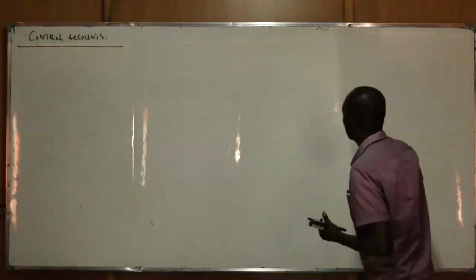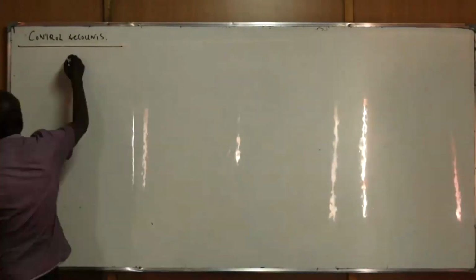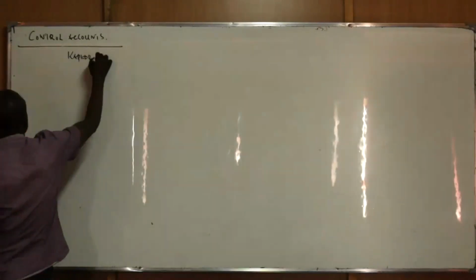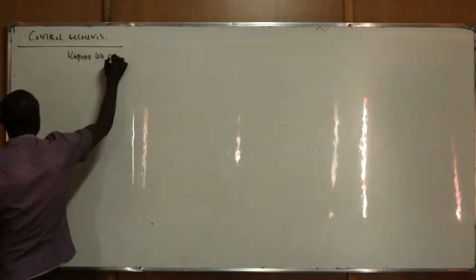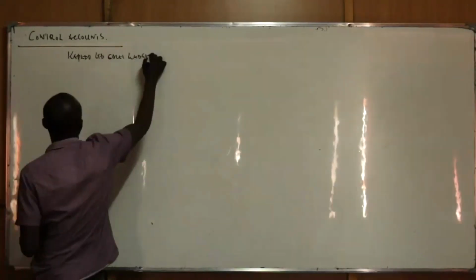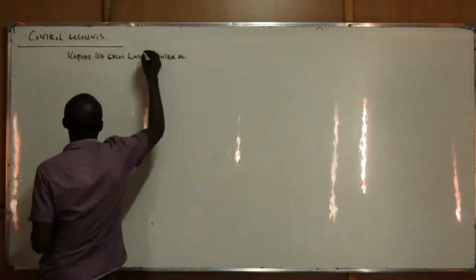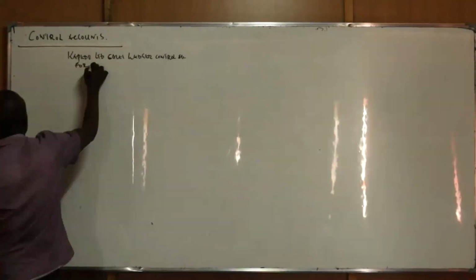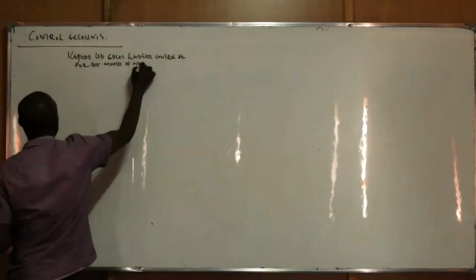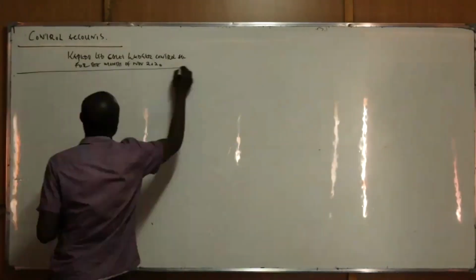Now we are Capedo Limited. You write here Capedo Limited, sales ledger control account for the month of November 2020, and then you underline there.